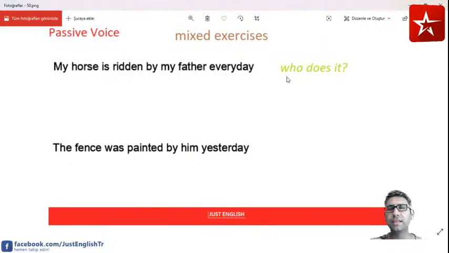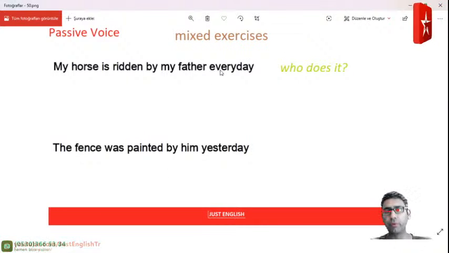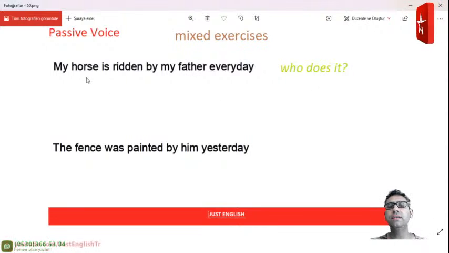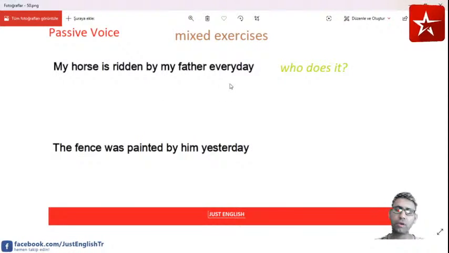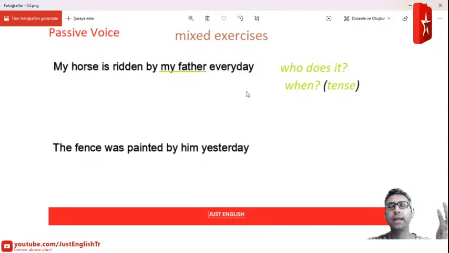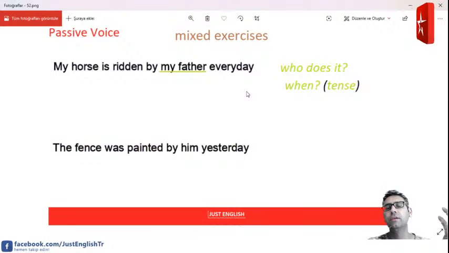Now the question is, who does it? The question that we ask about both of these sentences is who does it? There's a horse and someone is riding it. Who rides the horse? My father, right? So we found the subject. And when does he do that? I mean, what is the tense of this sentence?